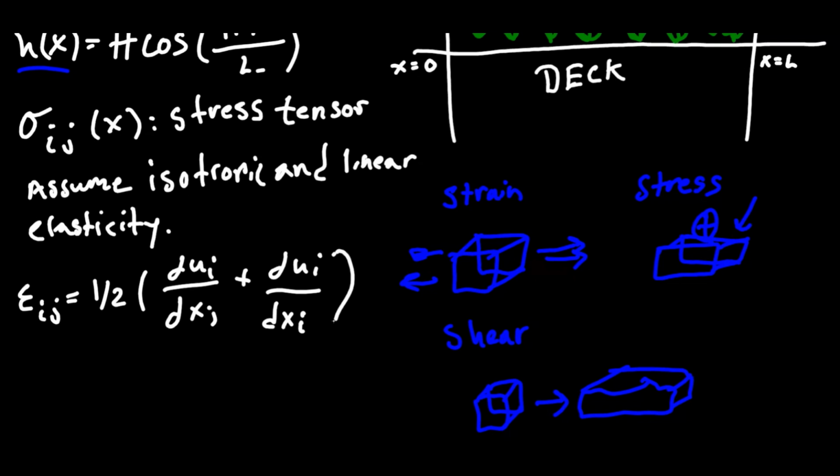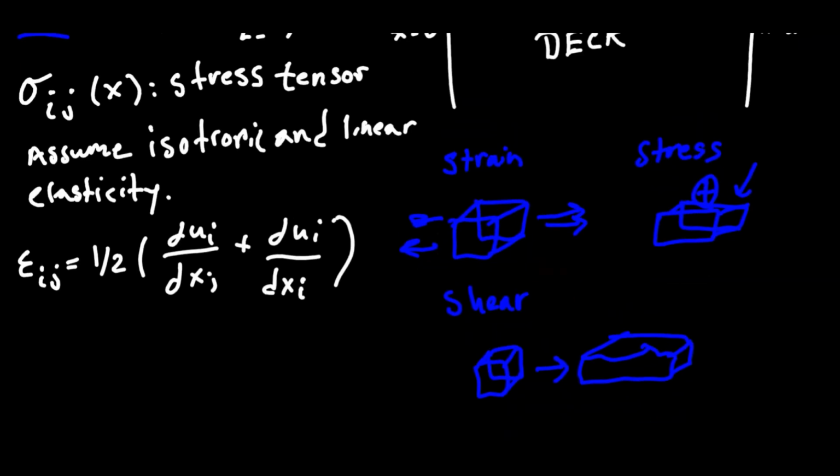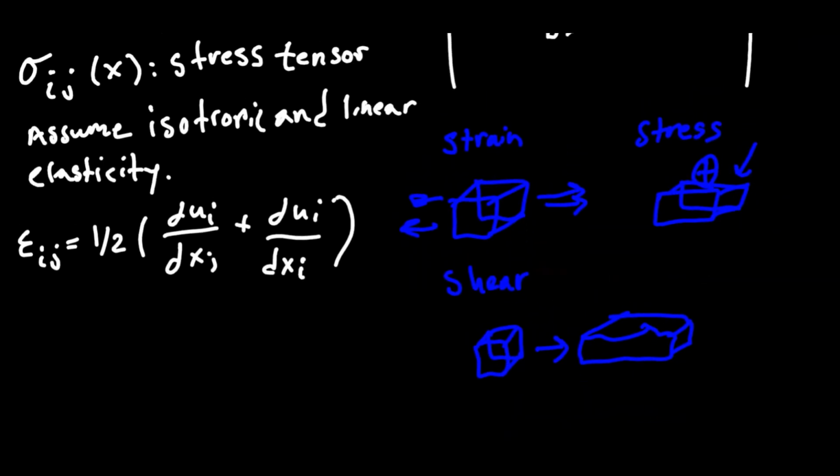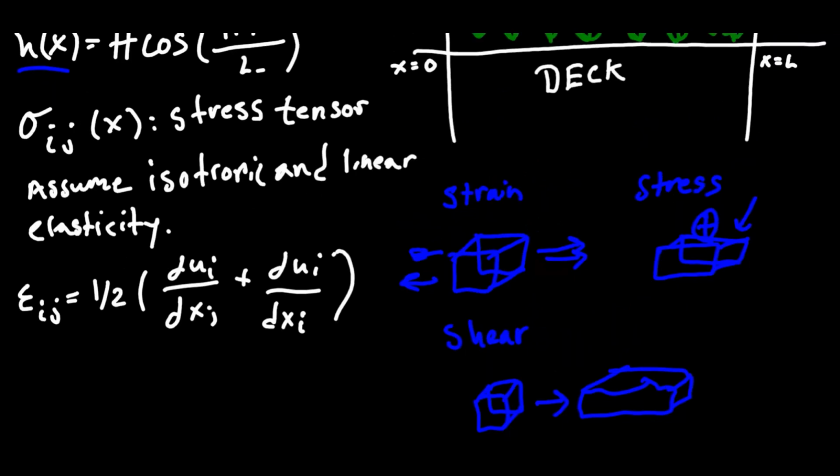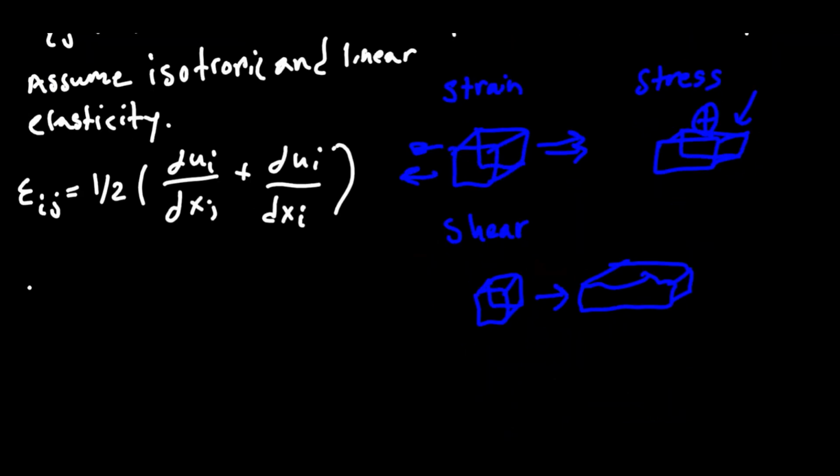So only one of our components in this case is non-zero because, remember, we said earlier that the cable does not have x and y movements. So the only non-zero components of the strain tensor are xz.